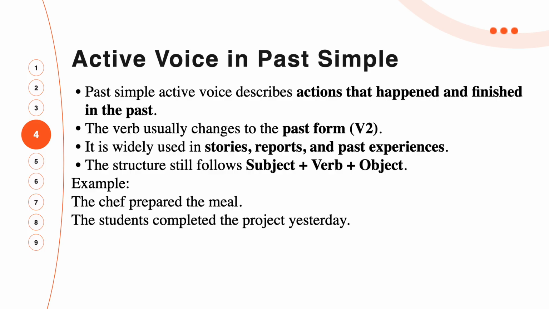Past simple active is commonly used in stories, reports, and descriptions of past events. For example, in the sentence, the chef prepared the meal. The chef performed the action of preparing. Another example is the student completed the project yesterday. In both sentences, the subject clearly performs the action.